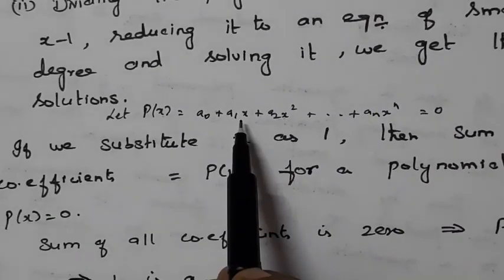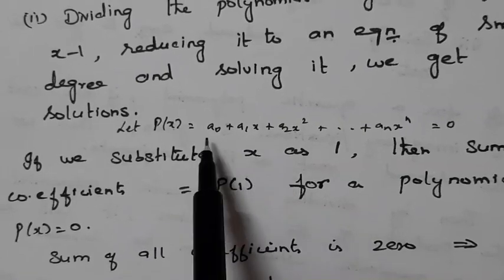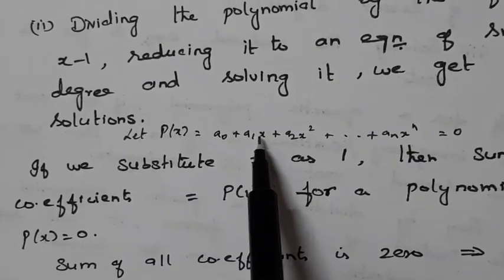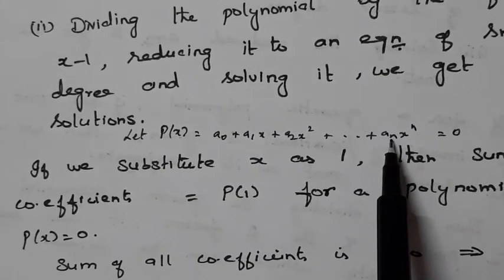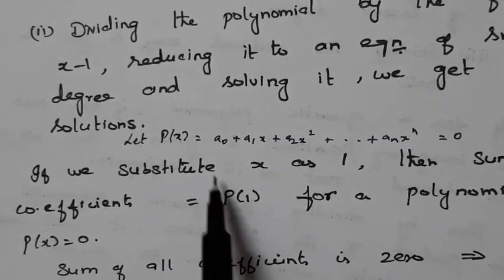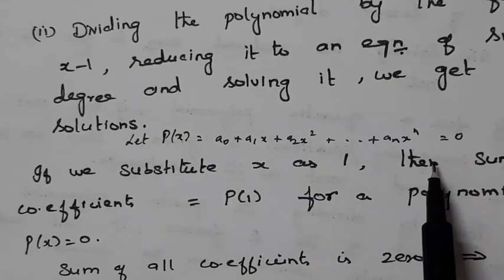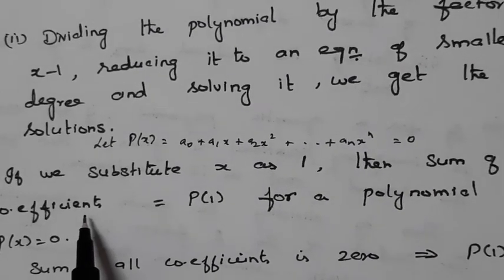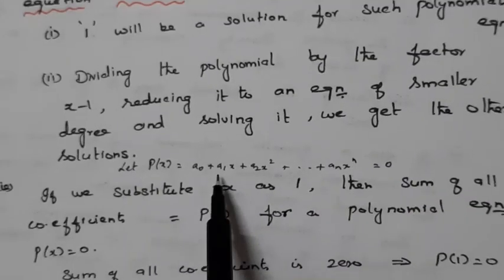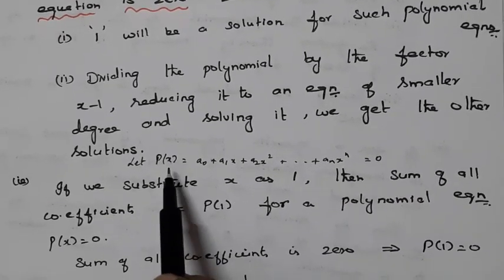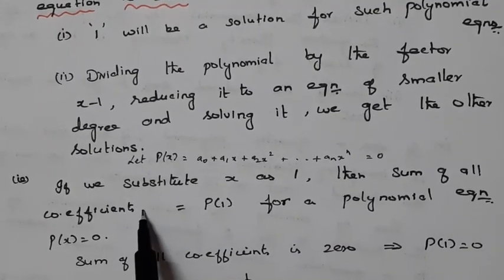Then if we substitute x as 1, what happens? p of 1 is equal to a naught plus a1 plus a2 plus etc. up to an. That is nothing but the sum of all the coefficients.